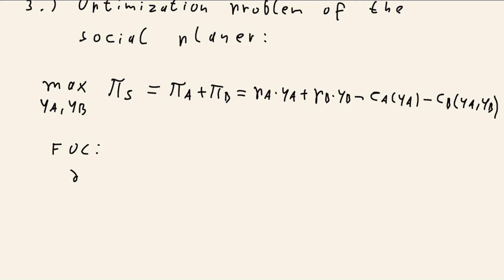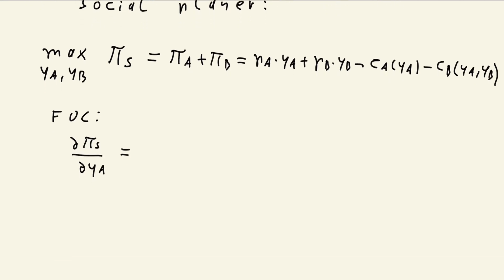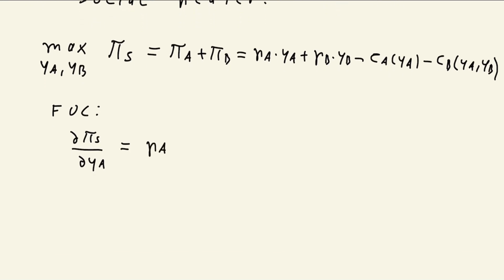The derivative of the social welfare function with respect to the amount of steel produced is here equal to PA minus C prime A YA minus C prime B 1 YA YB.